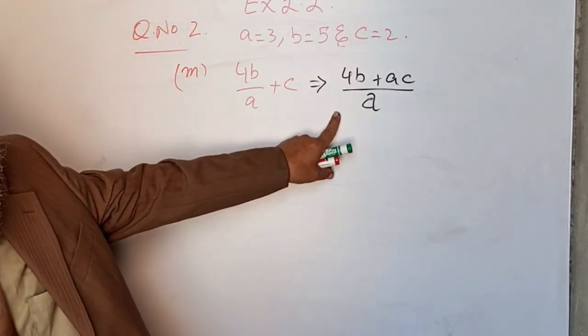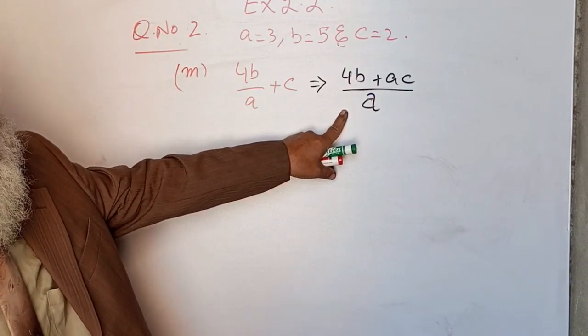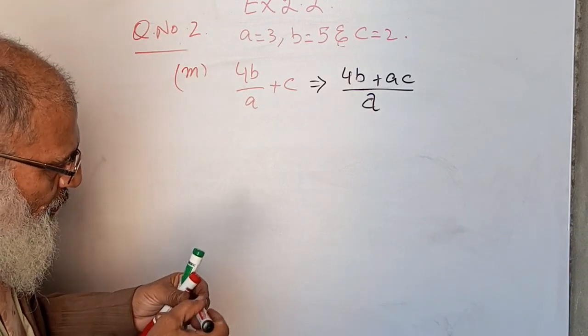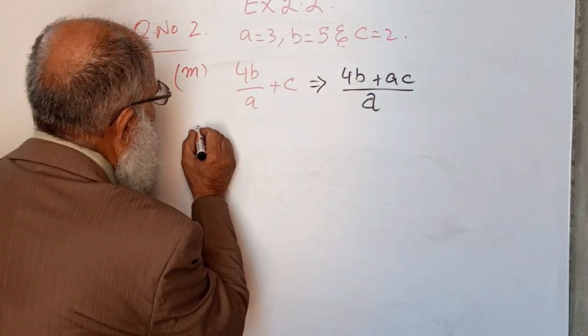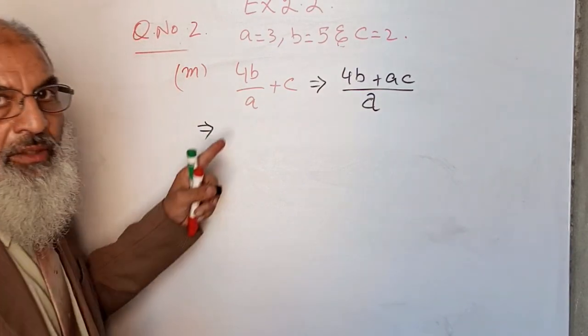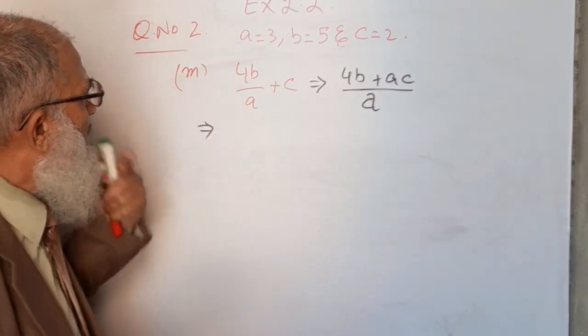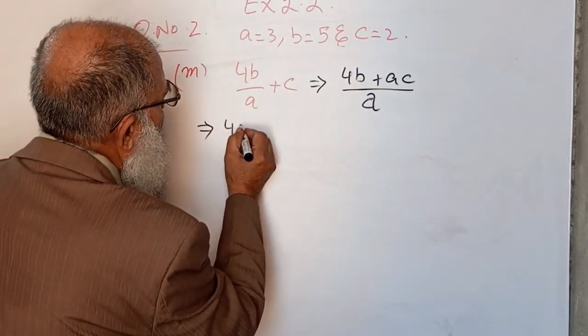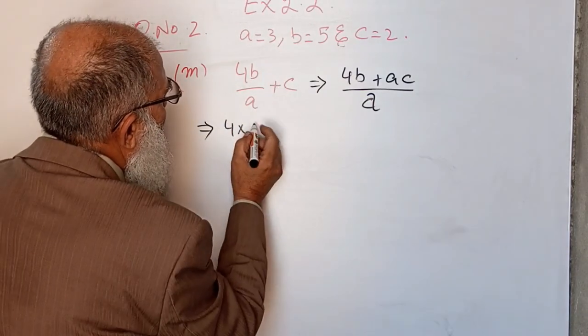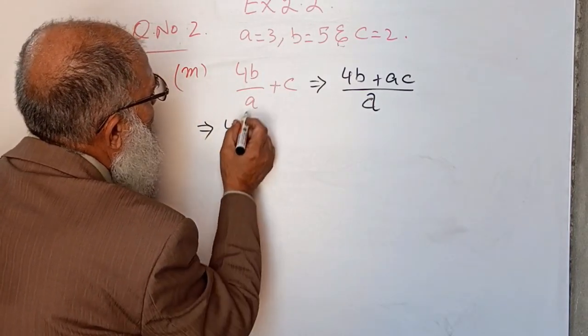Now I think this will confuse you a little bit. So what will we do? We will manipulate the values of each variable. Now 4 multiplied by 5 divided by a.